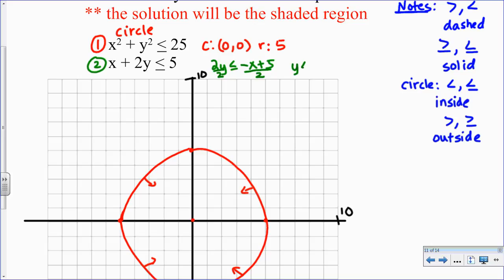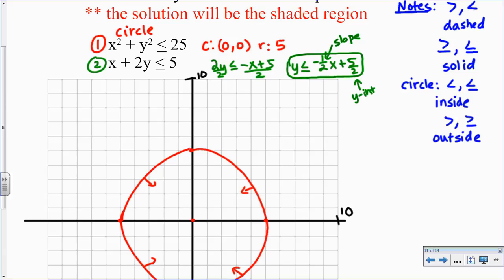So y is less than or equal to negative 1/2 x plus 5/2. Remember, that's your y-intercept, 5/2, and -1/2 is your slope. Remember with inequalities too, if you divide by a negative, you need to flip your sign. We divided by positive 2, so we didn't need to worry about that, but sometimes that happens.